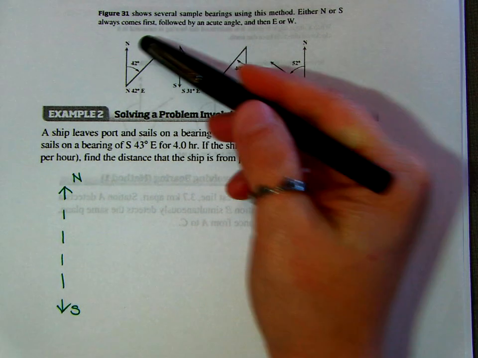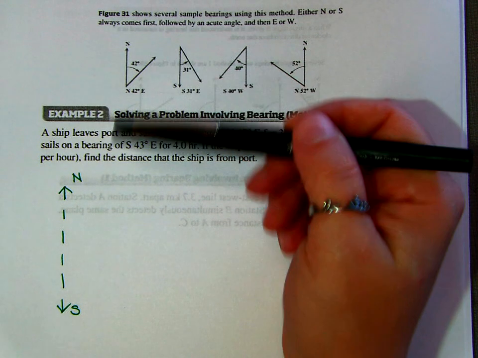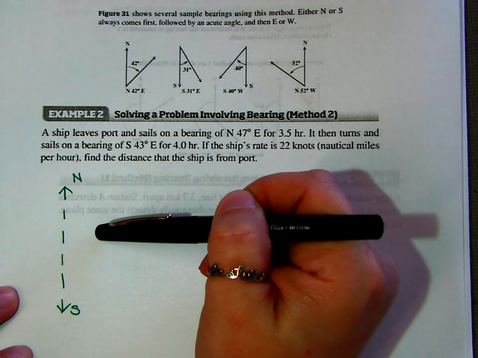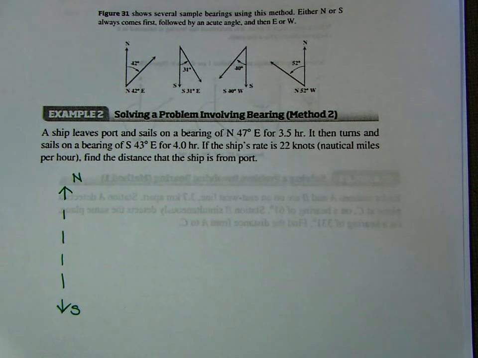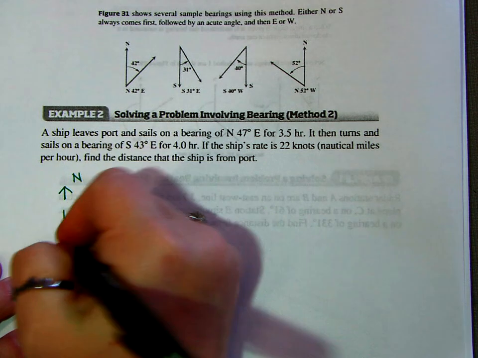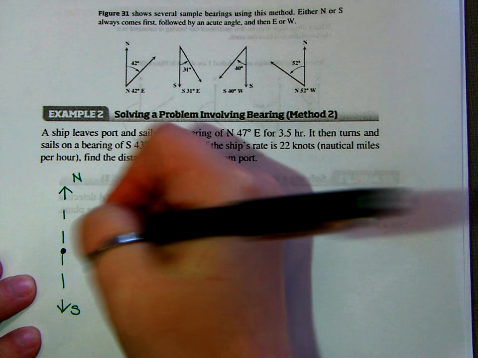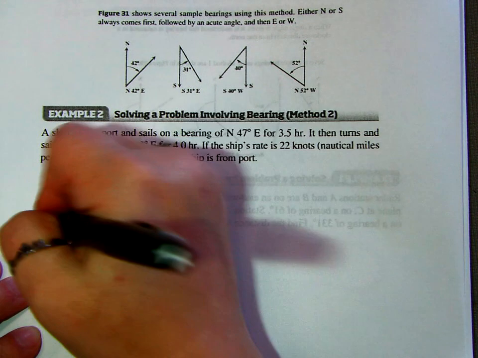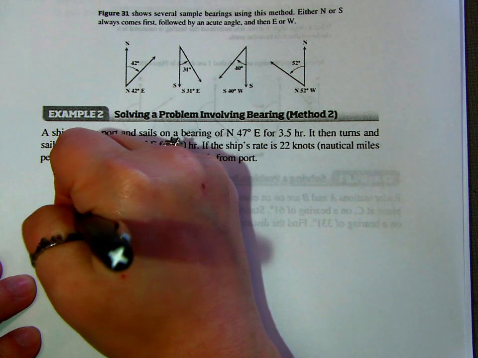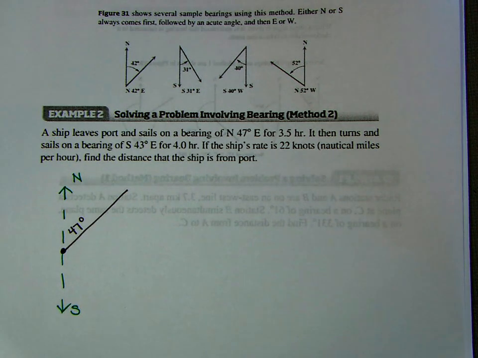So that's going to be like this first example where I'm starting from the north, I'm going clockwise 47 degrees. So here's my ship. And I'm going to draw it out here, and this is 47 degrees. That's what I know. And it travels east for 3.5 miles. That's great. It doesn't really matter at this point.